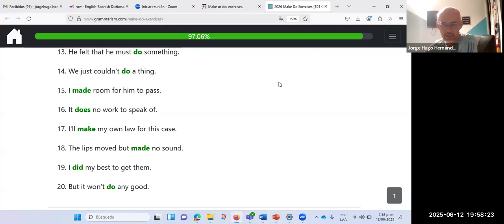But if we practice with exercises like this, we are going to learn by heart only by practicing. We are going to learn when we use do and when we use make. And these verbs are very, very common in English and we use them every day. We use them all the time.